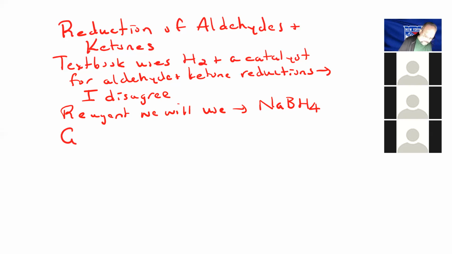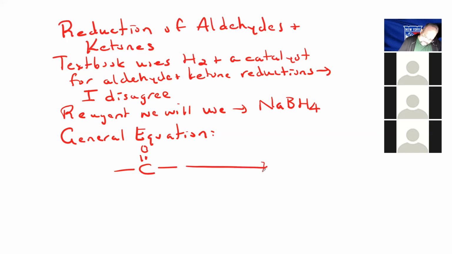All right, so what does the general equation for aldehyde and ketone reduction look like? Let's take a look. We know at this point that the commonality between an aldehyde and a ketone is the carbonyl group. And essentially that's where the transformation is going to take place, whether it's an aldehyde or a ketone. So what happens?